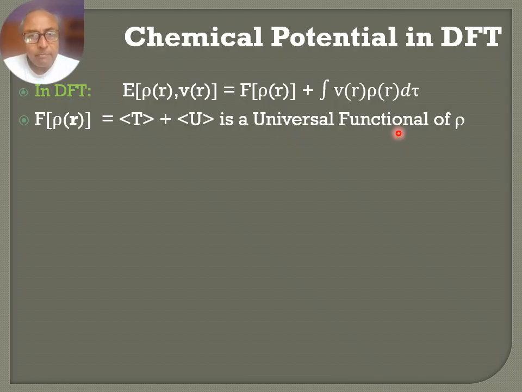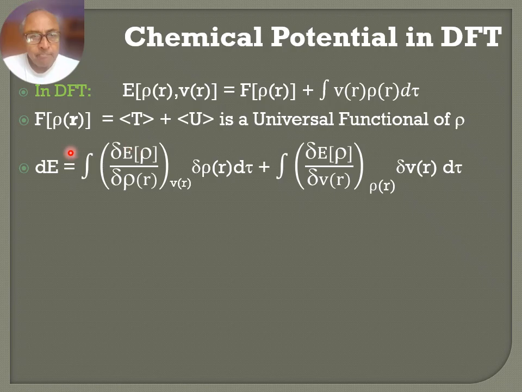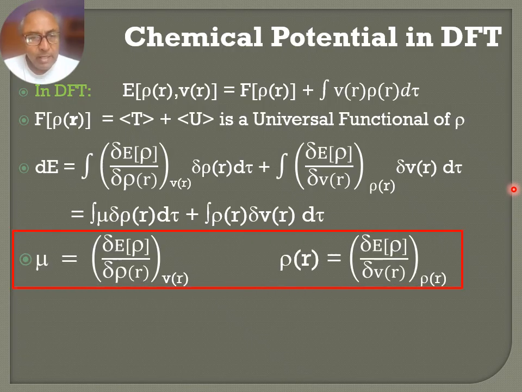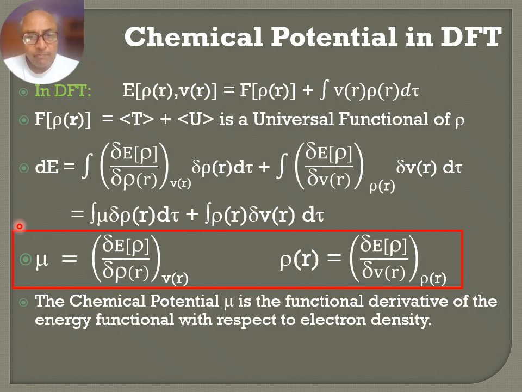But if we can vary rho and v independently, then for any change in the energy dE, we can write dE equal to integral delta E by delta rho at constant v times delta rho of r d tau plus integral delta E by delta v at constant rho times delta v of r d tau, which is equal to integral mu delta rho of r d tau plus integral rho of r delta v of r d tau, where the chemical potential mu is the functional derivative of the energy functional with respect to the electron density.